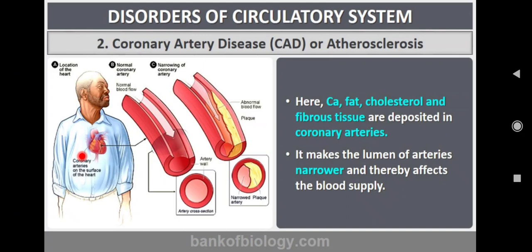Here, calcium, fat, cholesterol and fibrous tissues are deposited in the coronary arteries. Look at the picture: the yellow area is known as plaque, in which the calcium, fat and cholesterol are deposited. It makes the lumen of the arteries narrow, and thereby affects the blood supply.